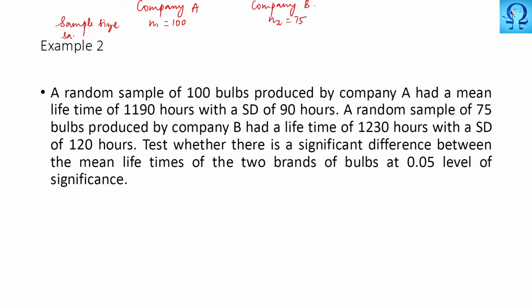Next is sample mean, that is x1 bar, which is 1190, and x2 bar is 1230. Next is sample standard deviation, that is s1, which is 90, and s2, which is 120. And here our alpha value is 0.05, isn't it?